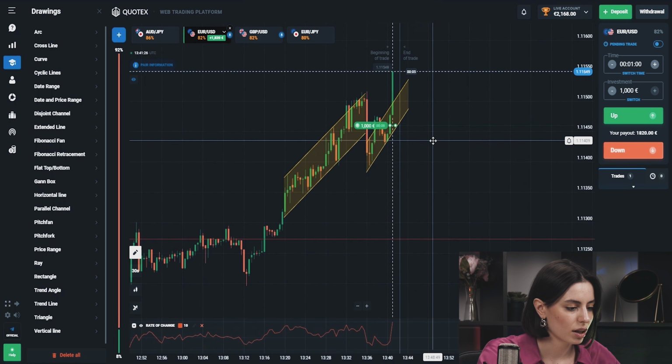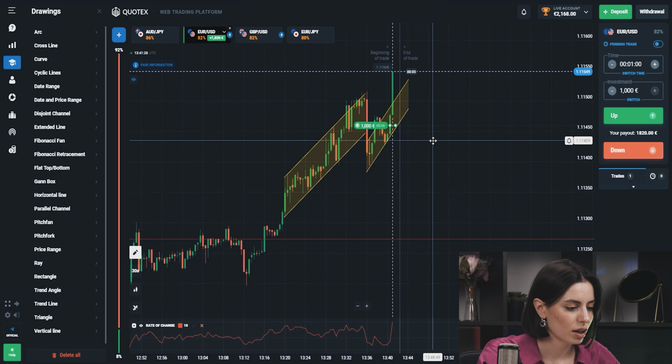But such breaks and jumps can easily be used to your advantage. Don't be so scared of it. So you see here the profit again, and the trend line was the one that predicted this movement. So you may see that it just worked out.